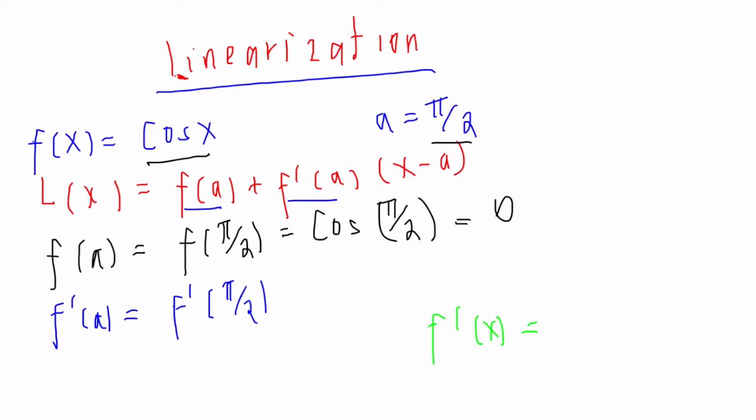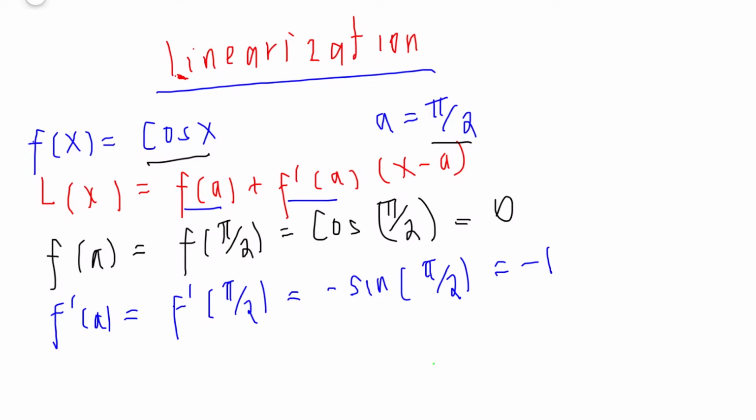So f prime of x is just going to be the derivative of cos x, which is going to be minus sine x. So our f prime of pi over 2 is going to be minus sine of pi over 2, which is equivalent to -1.